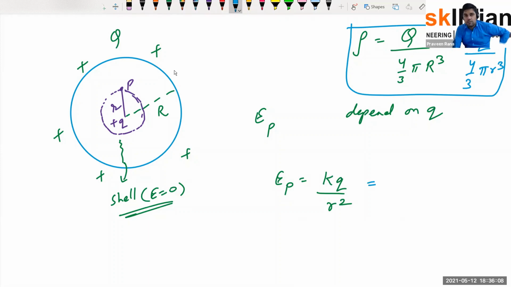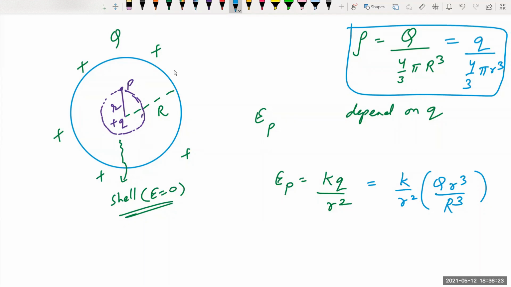The radii are different. Yes, the radius. So k by r squared would be taken common, and small q would be Q r cubed over R cubed, right? Yes. Okay, please write it down.